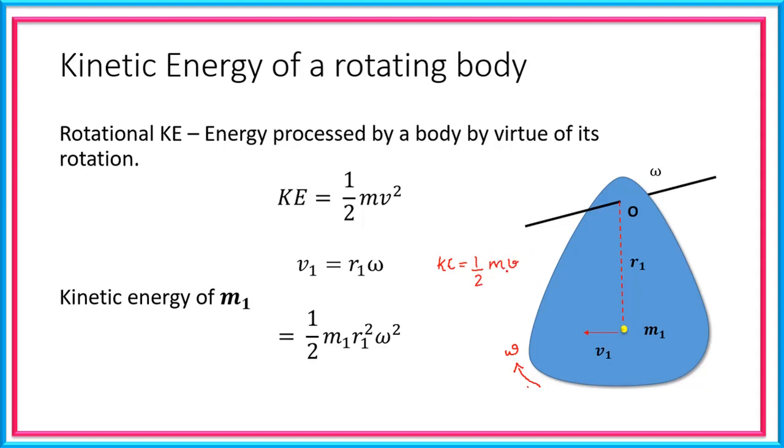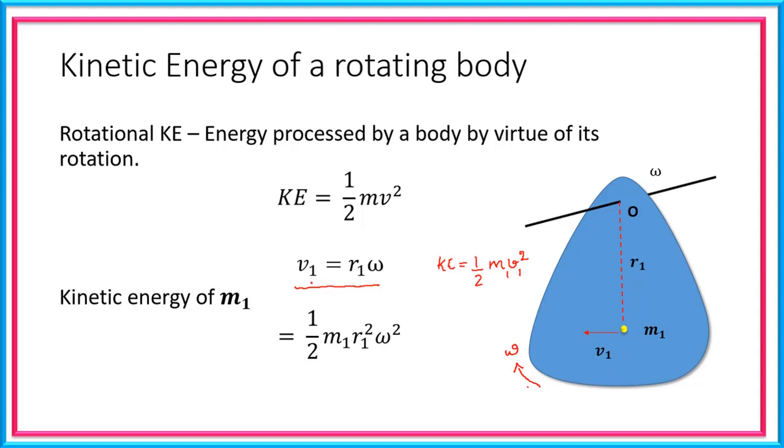Since the mass is m1 and the velocity is v1, kinetic energy is equal to half m1 v1 square. But we also know that the linear velocity and the rotational velocity are related by the equation v1 is equal to r1 omega, or v is equal to r omega.